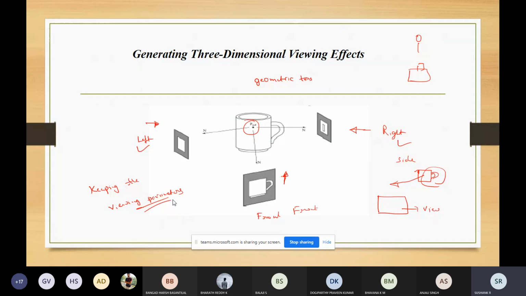Different views of the object are obtained by making use of geometric transformation, and you're not making any changes to the viewing parameter. This is the second thing. It can be applied either to a single object or a group of objects. That is another way of generating this three-dimensional viewing effect.